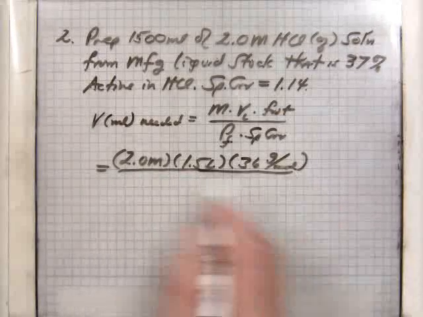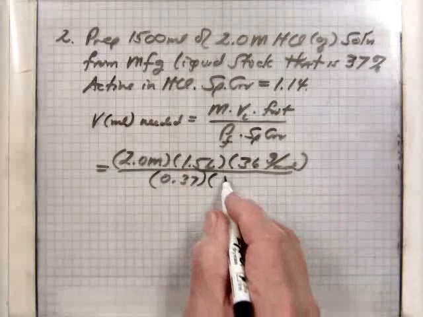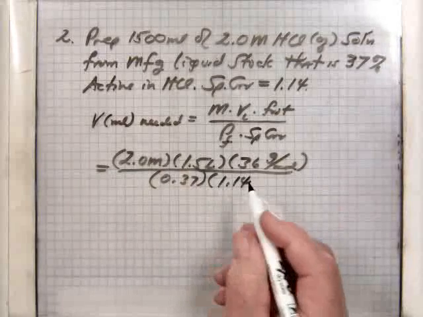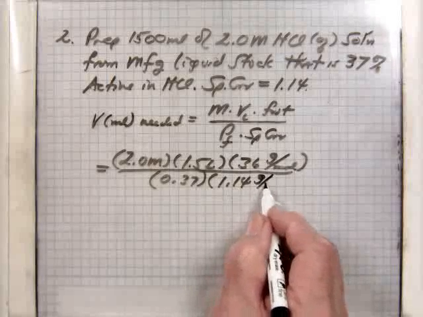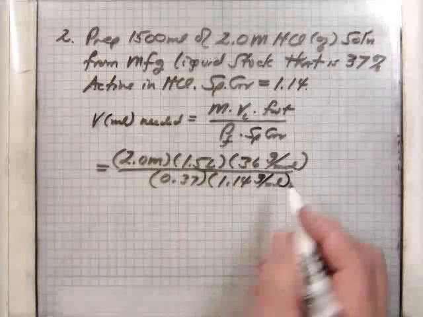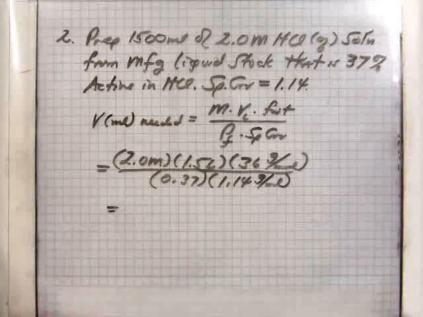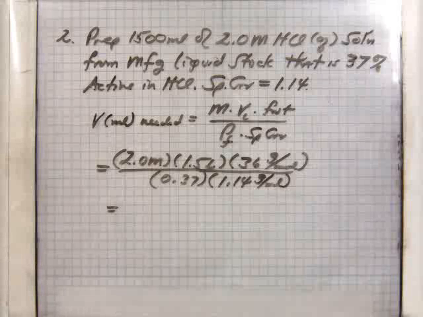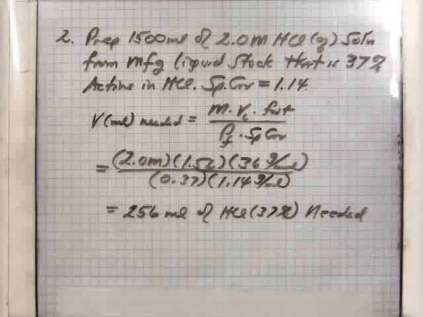The purity factor is 0.37 and specific gravity is 1.14, which is the density of the stock solution in grams per mil. Now, the final units will be in milliliters for this. So calculation shows we'll need 256 milliliters of the concentrated HCl.